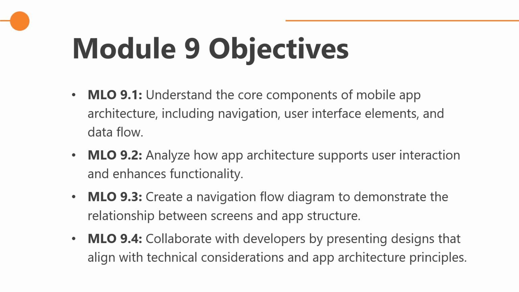We'll also look at how navigation flow diagrams help demonstrate the relationship between the different screens and the app structure. And then we'll talk about how you would collaborate with developers, by presenting different designs that align with the technical considerations and the app architecture principles. So let's start off by understanding what mobile app architecture means and why it's crucial.